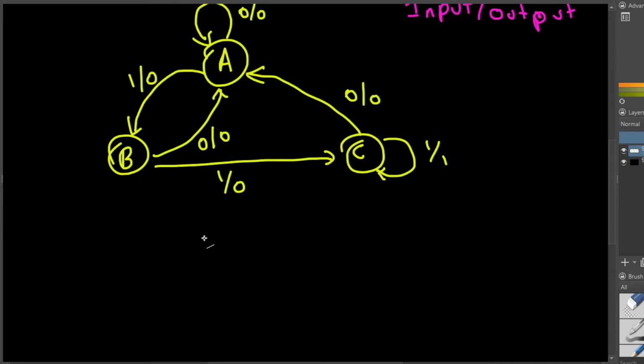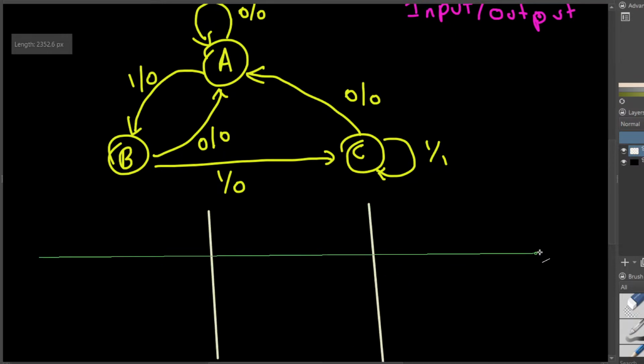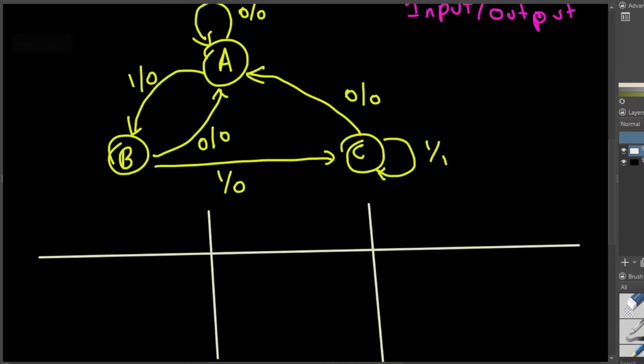We're going to have 3 columns. In the first column, I'm going to write the current state.